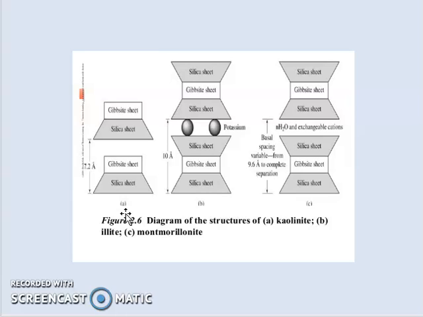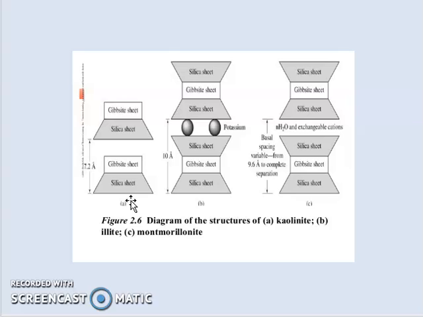This is section 5 and the last section of lecture 1 of the Fundamentals of Soil Science course.